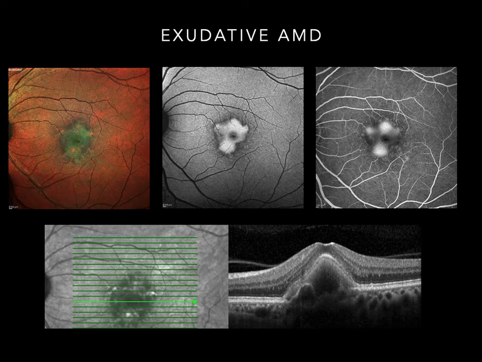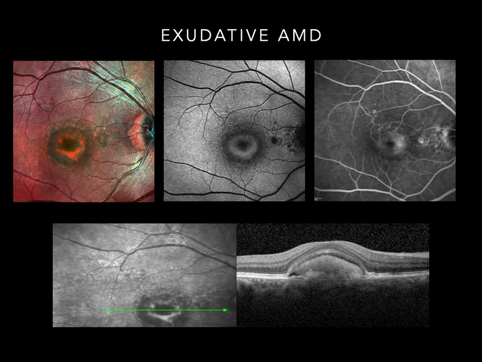Vitelliform deposits appear as subretinal yellow deposition of markedly accentuated signal in autofluorescence photos and marked overlying pooling of the dye in fluorescein angiography. In OCT, we see dense hyperreflective vitelliform material between the RPE and the overlying intact neurosensory retina, with or without underlying basal laminar drusen.